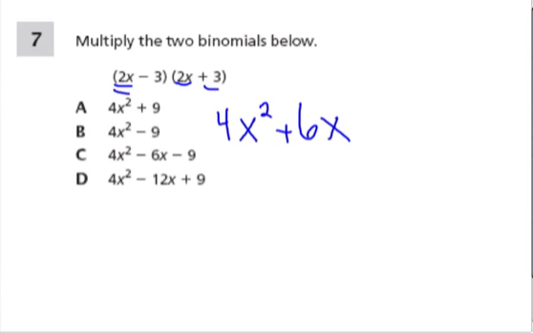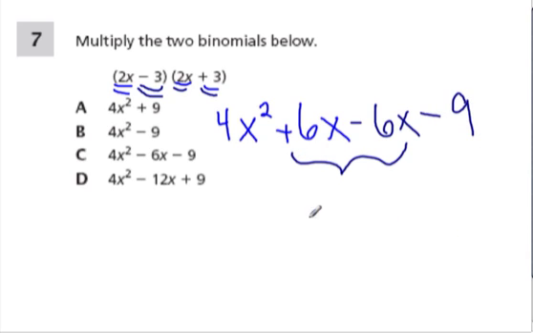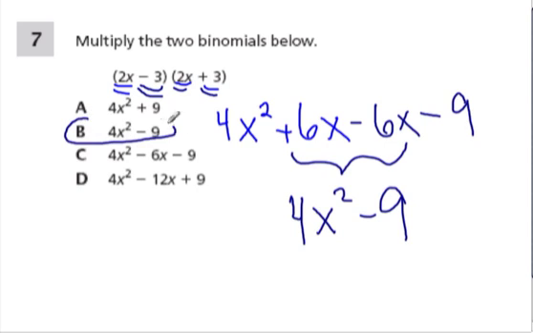And now we've got to deal with their second term, negative 3 times 2x. That's minus 6x. Negative 3 times 3 is negative 9. What are these two terms? That's just 0. So what's left over is 4x squared minus 9. And I would choose B.